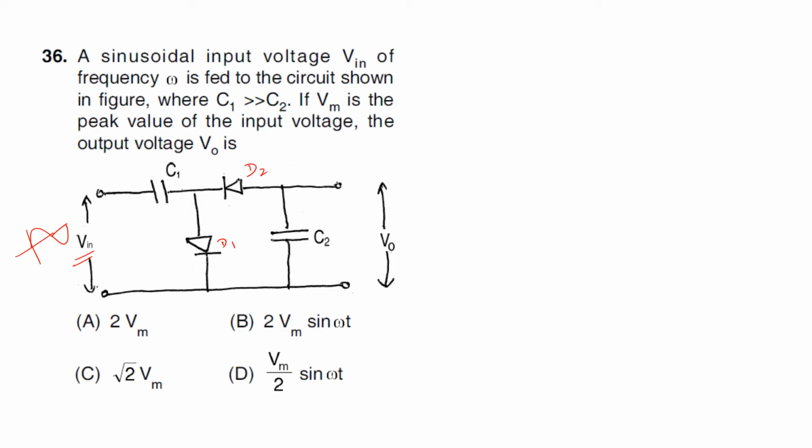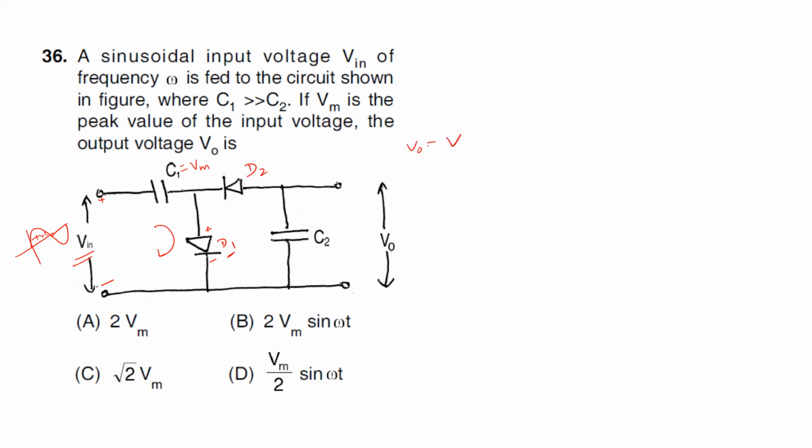During positive half cycle, this becomes plus and this becomes minus, which forward biases diode D1, and diode D2 will be reverse biased. Because of forward biasing of diode D1, it charges the capacitor C1 to the peak value Vm.